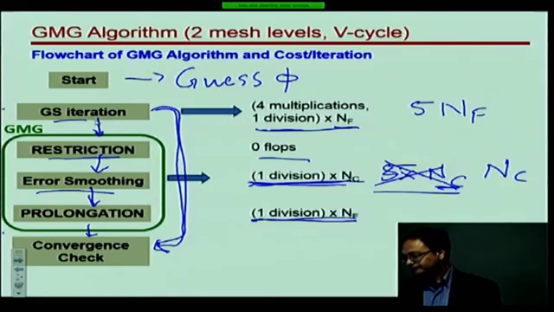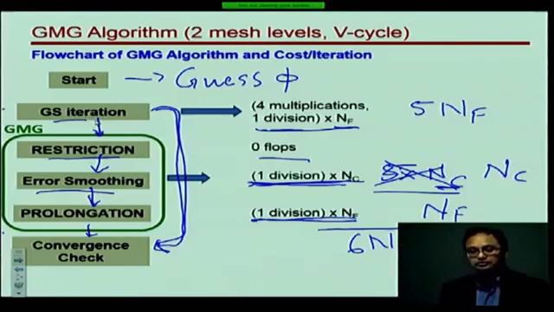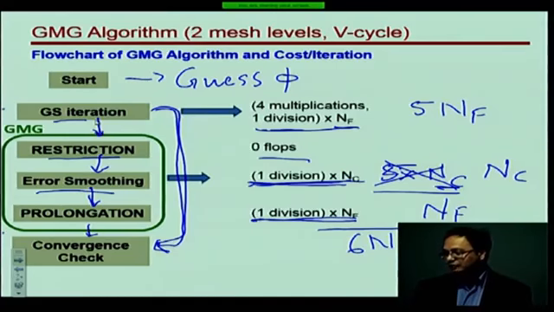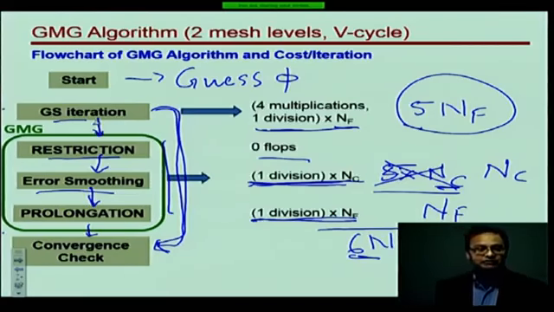So we have basically 6 NF plus NC. The NC is really negligible compared to the NF. So really what has happened is, if you did straight Gauss-Seidel, you would have that many operations. With the multigrid, you have added one more NF. So that's about 20 to 25% more operations.